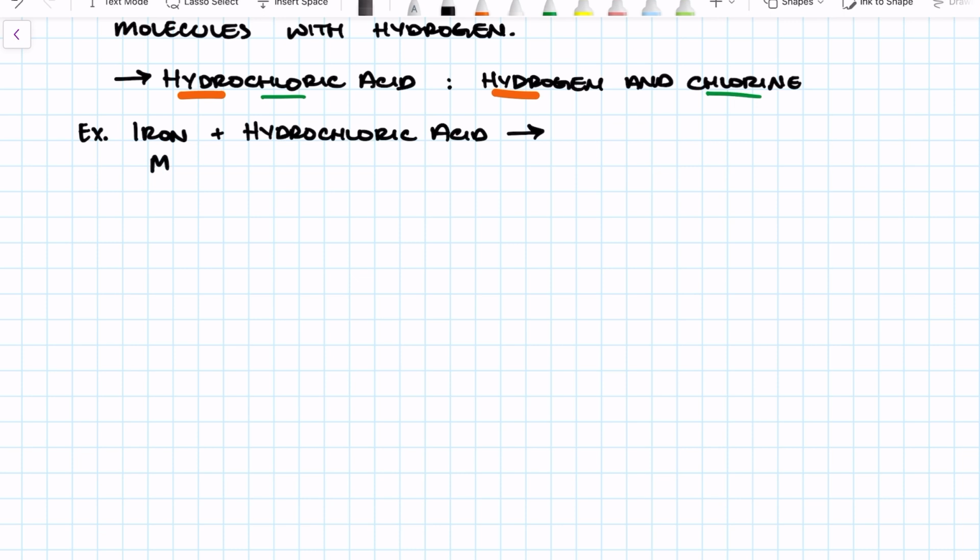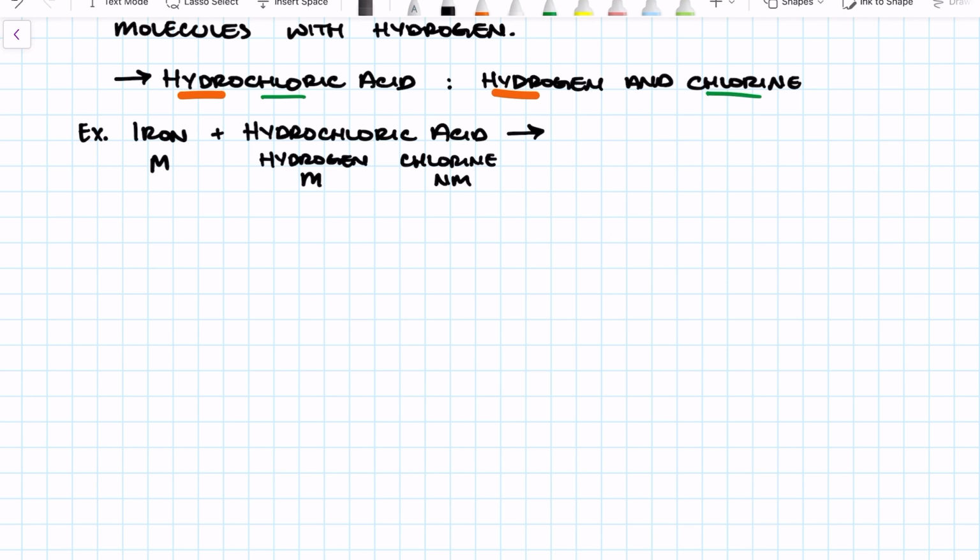So I'm going to put the letter M there just to give me a better understanding of it. And then hydrochloric acid. So what is it made of? Well, we just discussed that it is made up of hydrogen. And hydrogen, I'm going to write down the letter M underneath it to identify that it is also a metal. And then chlorine is a non-metal.